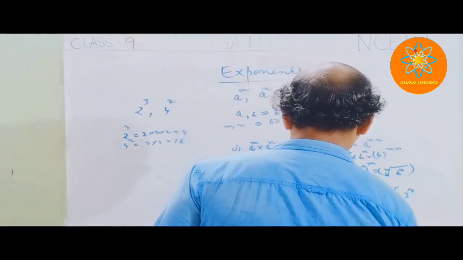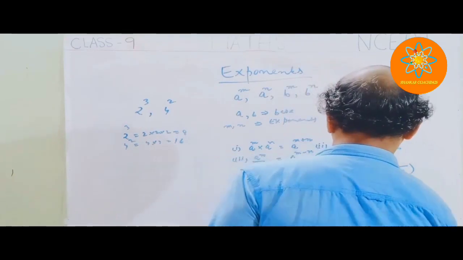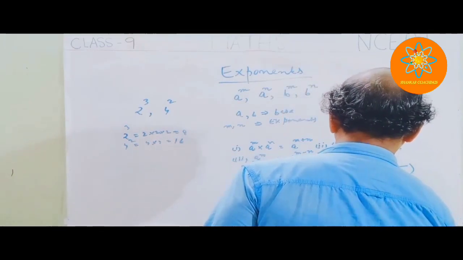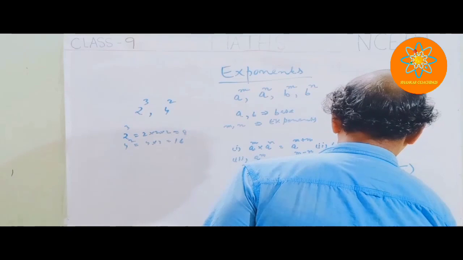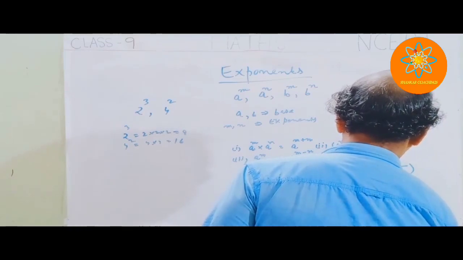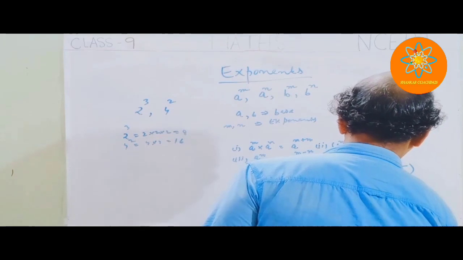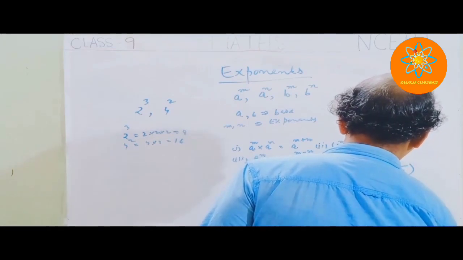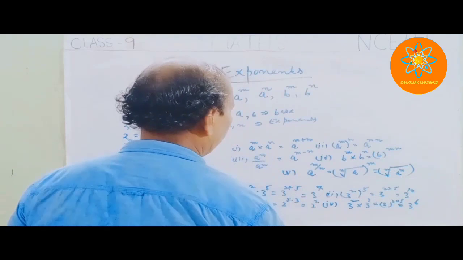And let's suppose I have 3 to the power 2, whole to the power 3. So I will get what? 3 to the power 2 into 3, that is 3 to the power 6.